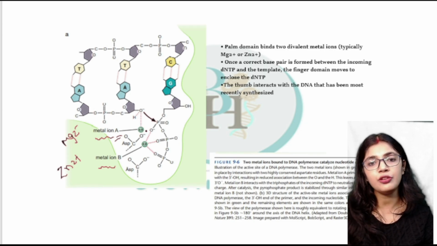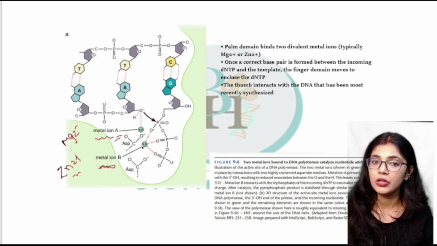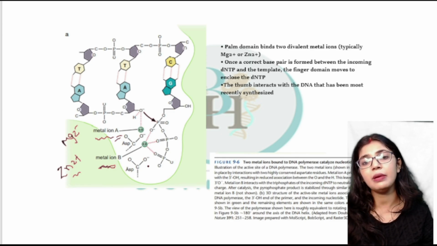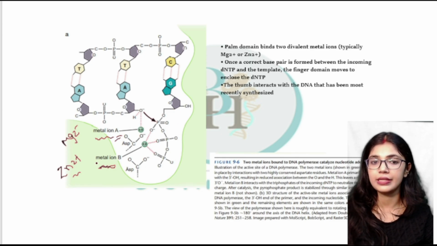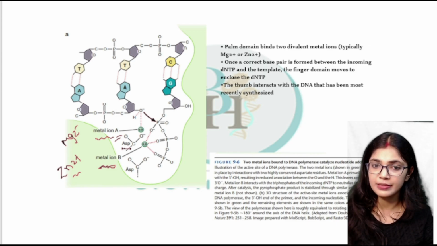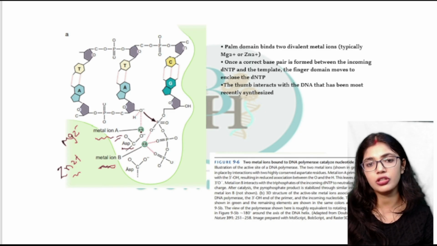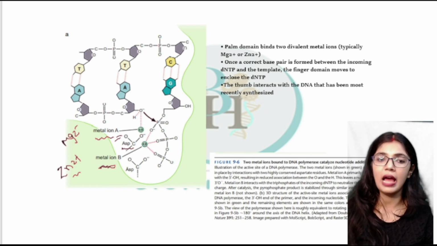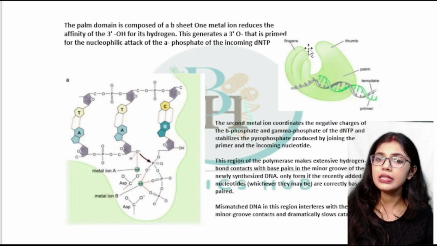But metal ion B, which is zinc, binds with the phosphate of the upcoming nucleotide. It helps in the stabilization of these things. Apart from this, there is also aspartate, which helps in the stabilization or linking of these two metal ions.